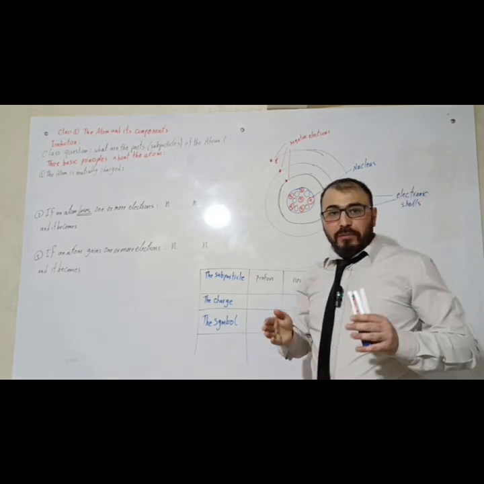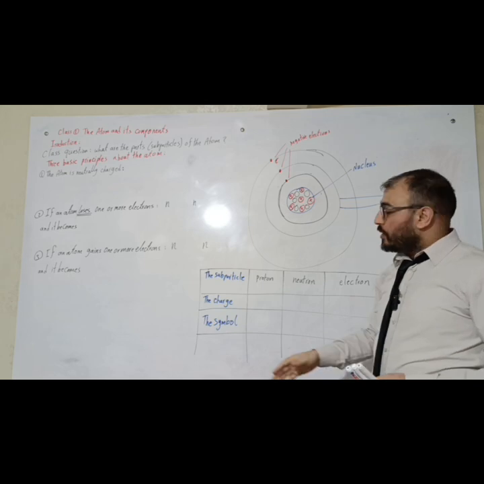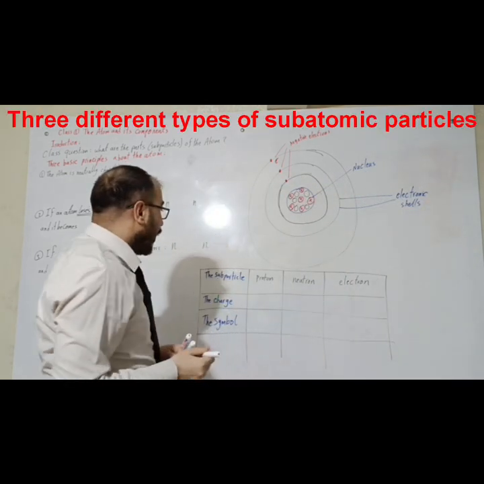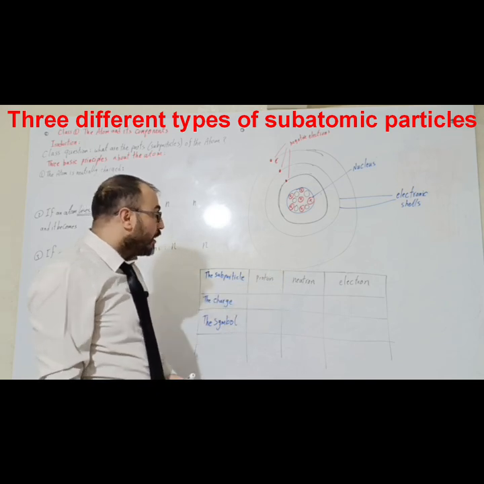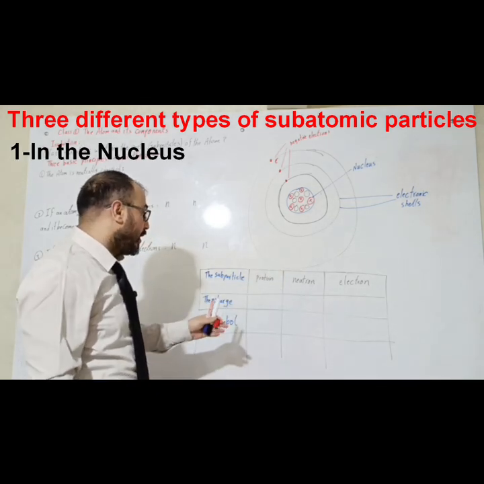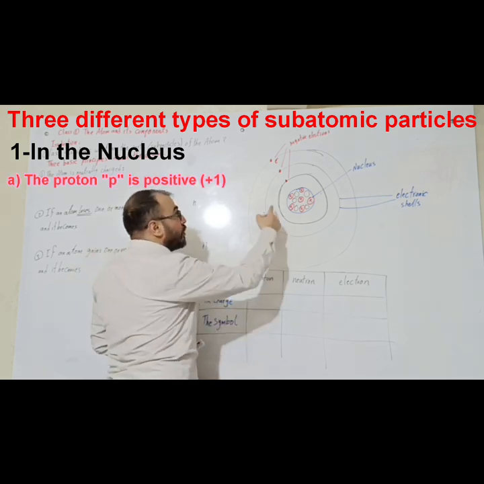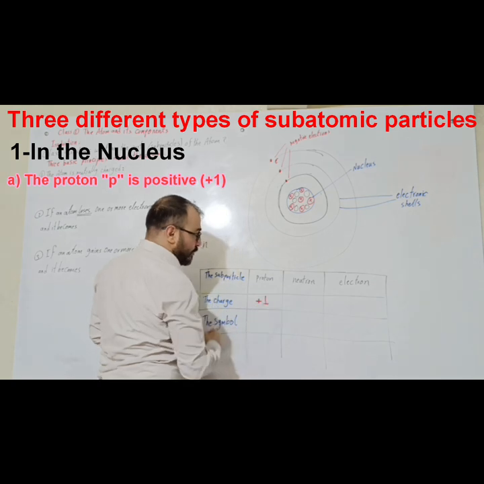In order to summarize this information, we can use this simple chart. In this chart, I am going to mention all the subparticles existing in the atom in brief. The first one is the proton, and as we know, it is positively charged and its charge is +1.